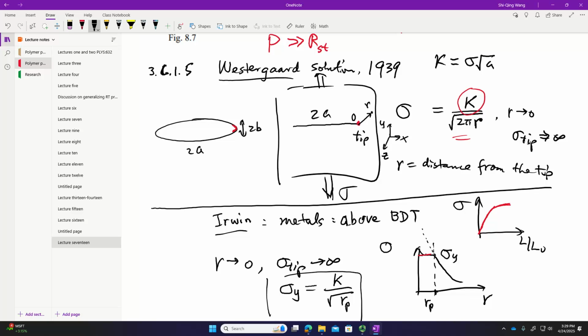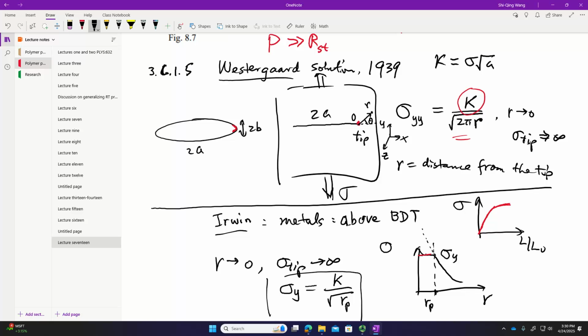Then take any component of that stress. So for example, X, Y. And by the way, I admit I intended to omit all the details.